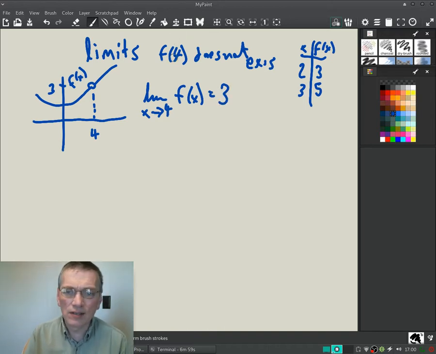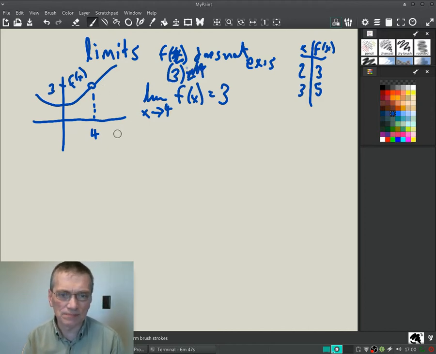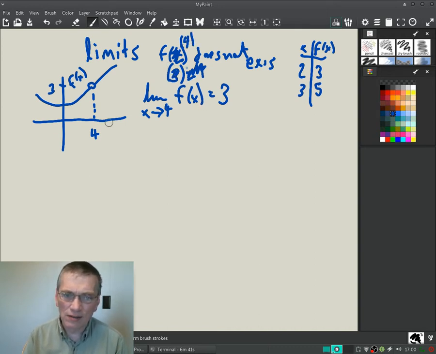F of 4 does not exist. Sorry, the limit of f of x as x goes to 4 is 3. So this way we can talk about what happens even though we have a hole here.